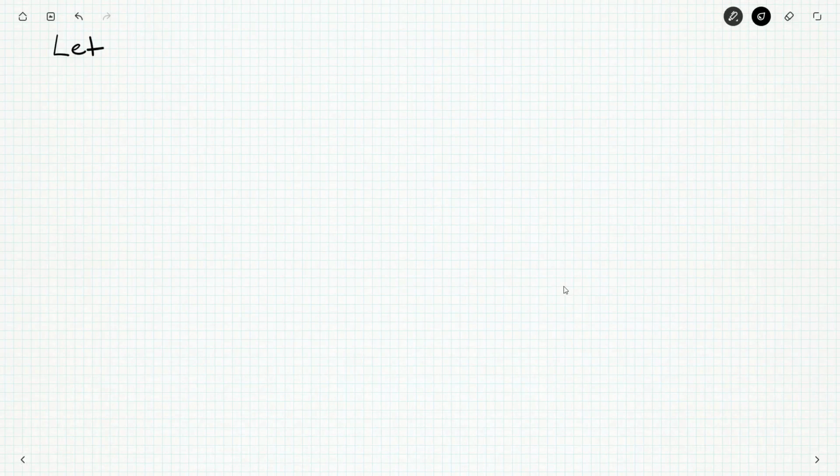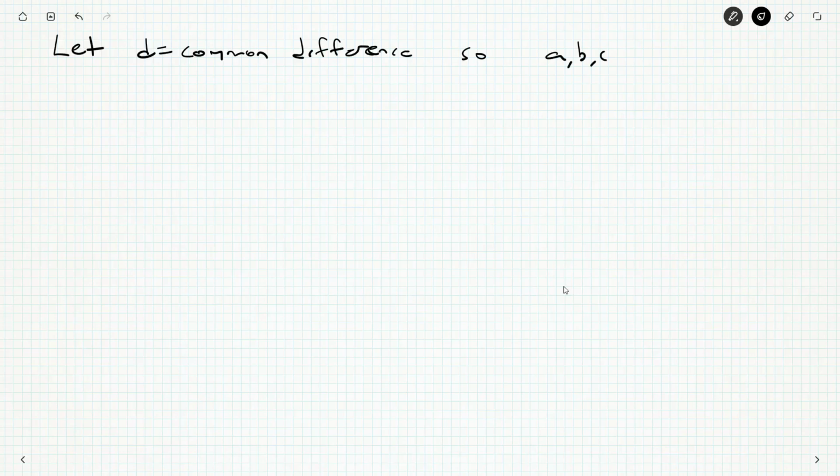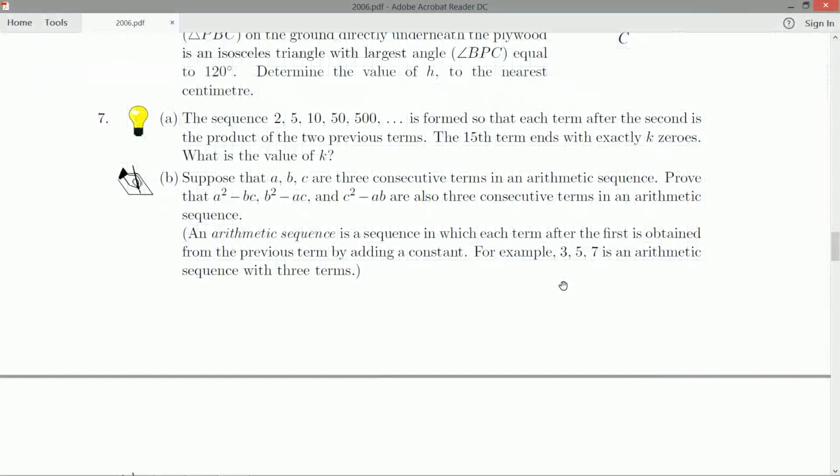So I'm going to say let D equal the common difference. So A, B, C is really just A, A plus D, A plus 2D. So now, A squared minus BC, I think that was the first one, right?